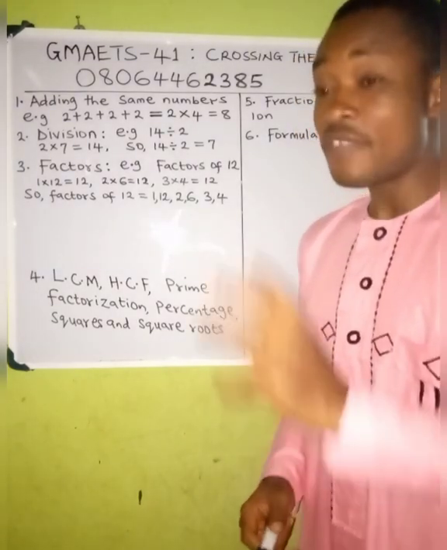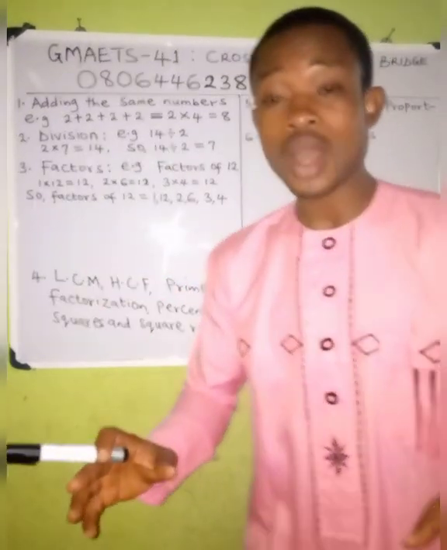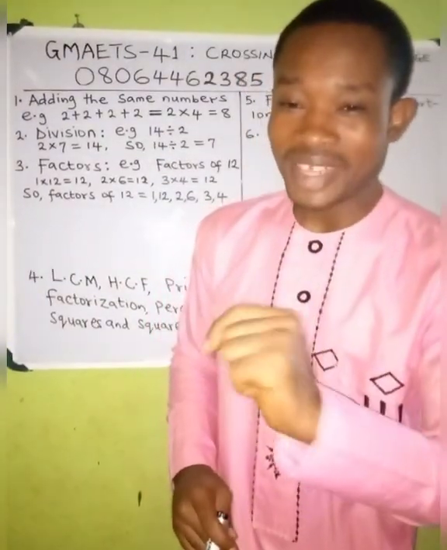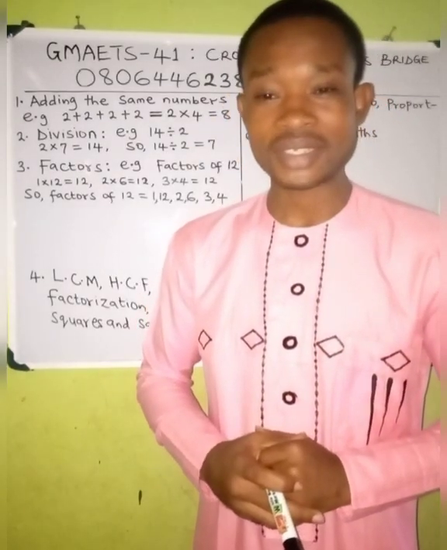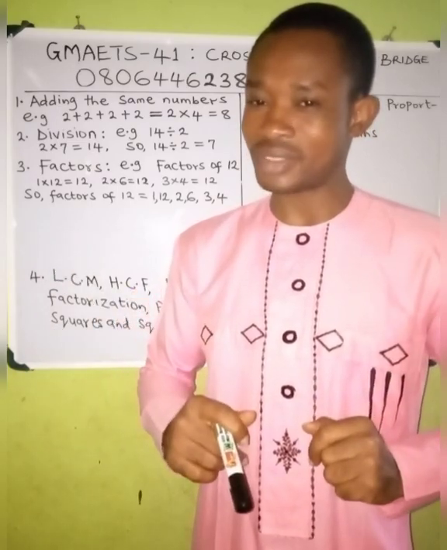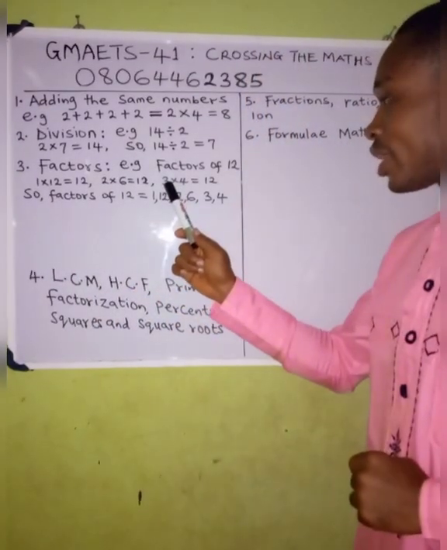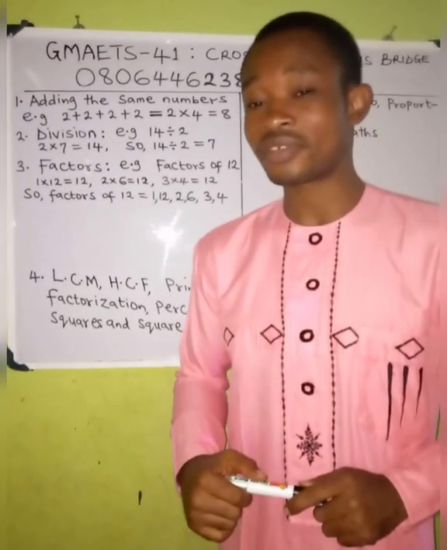Now let us go a bit and search through our multiplication table. Do you remember? 1 times 12 will give you 12. So it means that 1 and 12 are factors of 12. Let's continue again. If you go to 2 times table, you will agree with me that 2 times 6 is equal to 12. It also means that 2 and 6 are factors of 12. But that is not all. Can you visit your 3 times table? Now if you go to 3 times table, you will agree with me that 3 times 4 is also equal to 12.